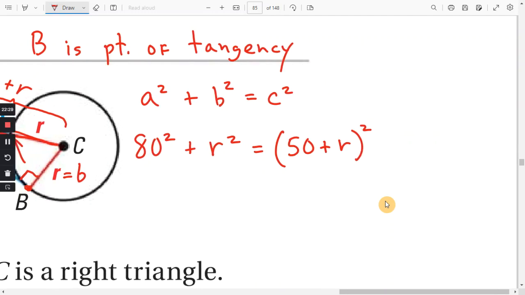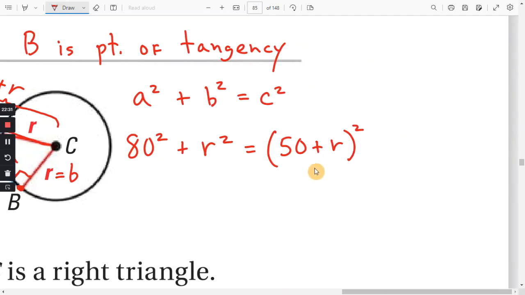Now, in order to unpack this, we have to use FOIL or distribute. So 50 plus R squared is the same as 50 plus R times 50 plus R.